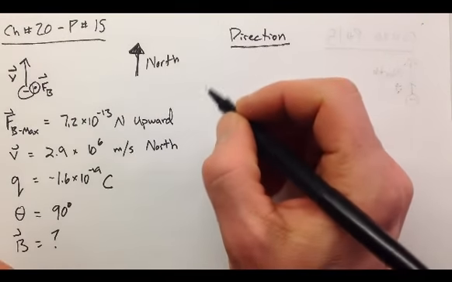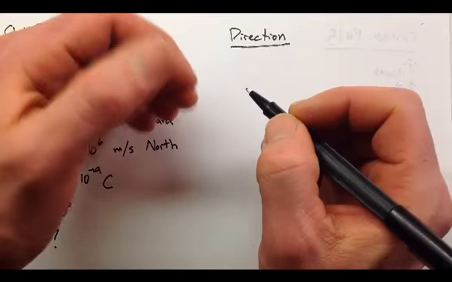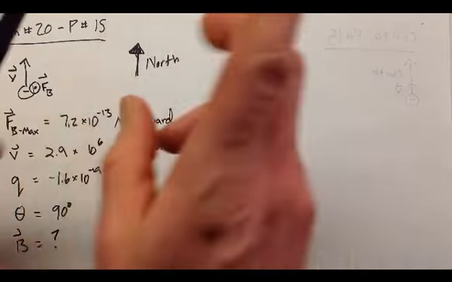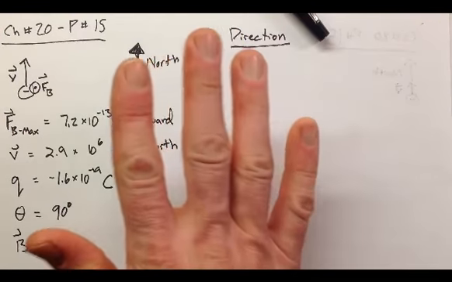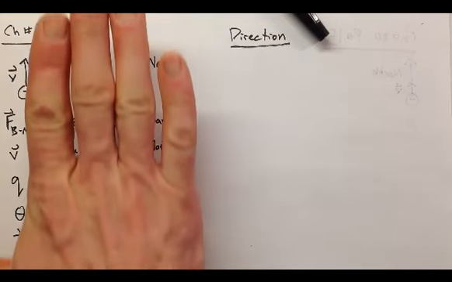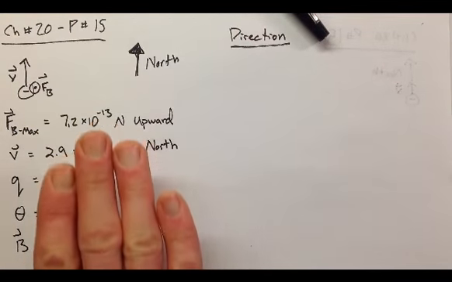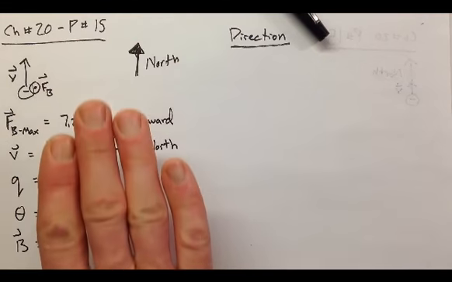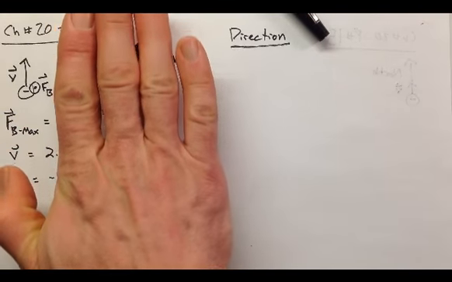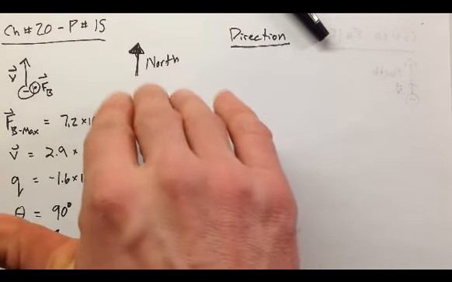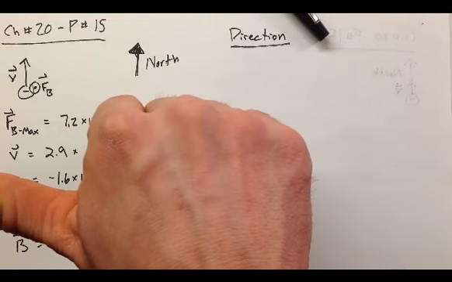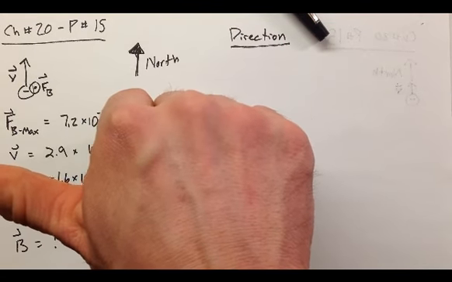Every once in a while I see someone doing this with their left hand, which means you're going to get the wrong answer. You put your hand in the direction the charge is moving. Here the charge is moving north, so I put my hand in that direction. Now your fingers curl in the direction of the magnetic field.